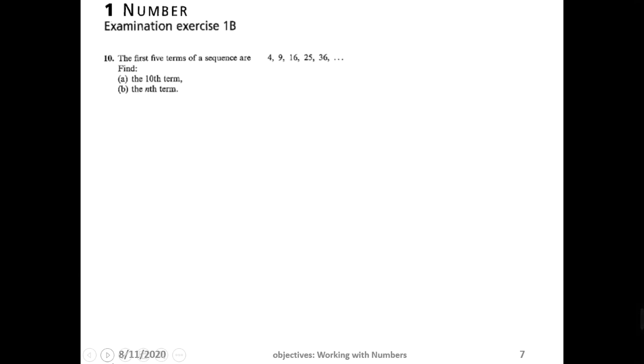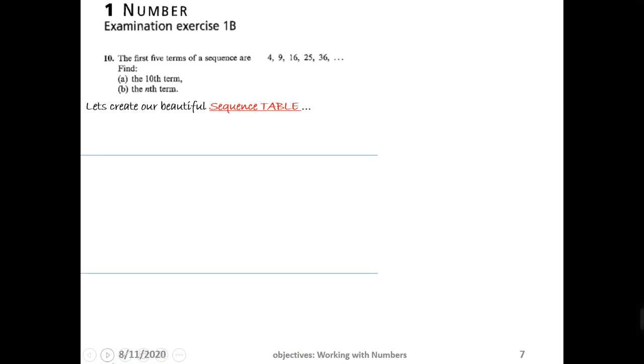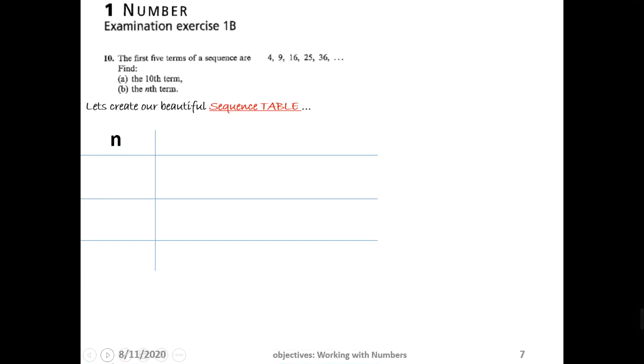Now I would like you to design our beautiful sequence table, which is composed of 4 rows, and in the first column there is the n, and then the numbers in the sequence, the numbers that are given to me, which are 4, 9, 16, 25, 36, and so on, and then something that is called the term-to-term rule.